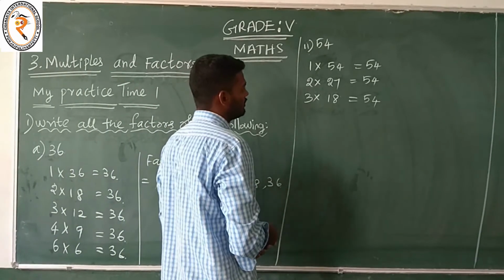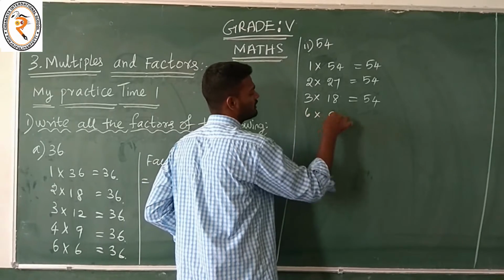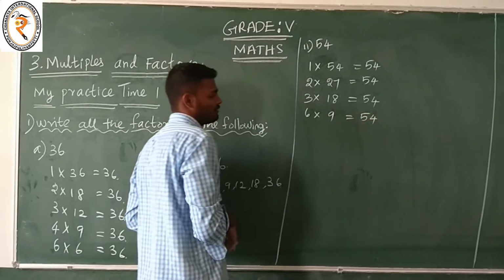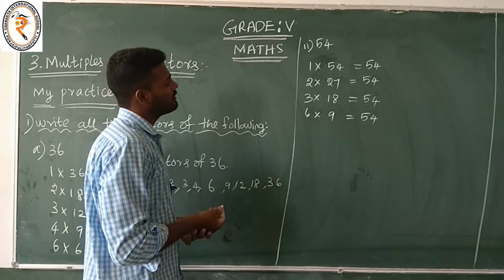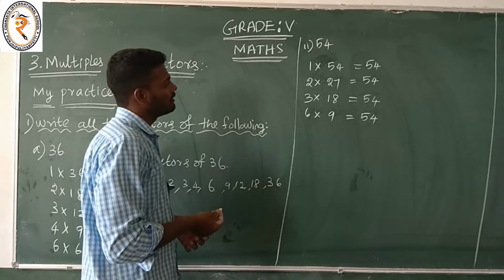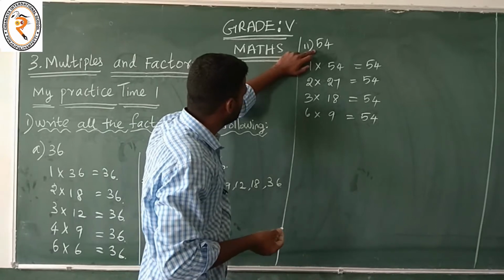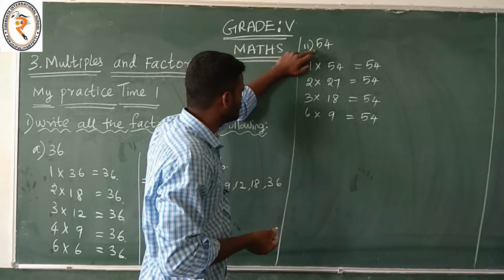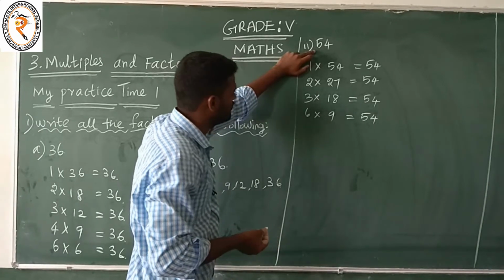Sixth table, 6 9s are 54. The 7th table, 54 is not there. The 8th table, 54 is not there.